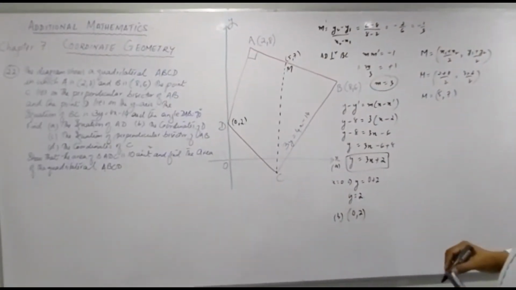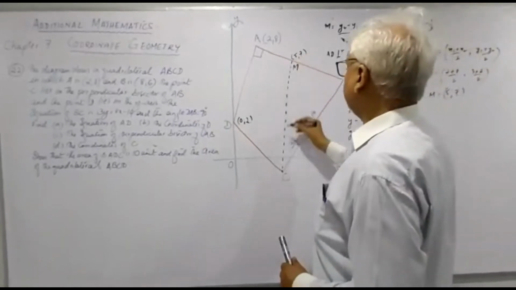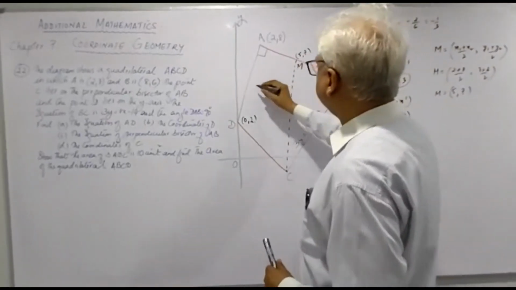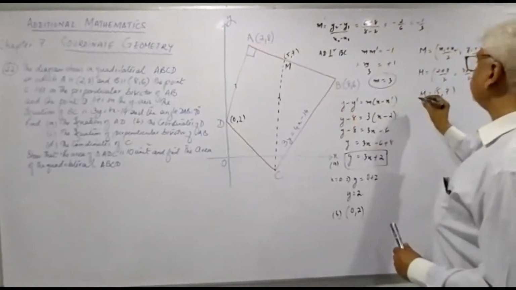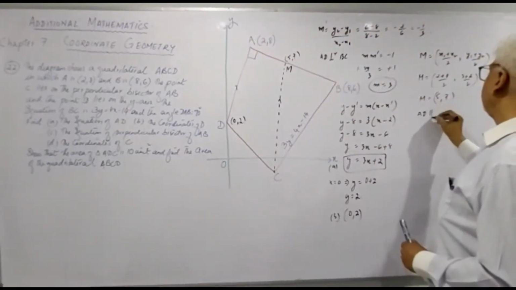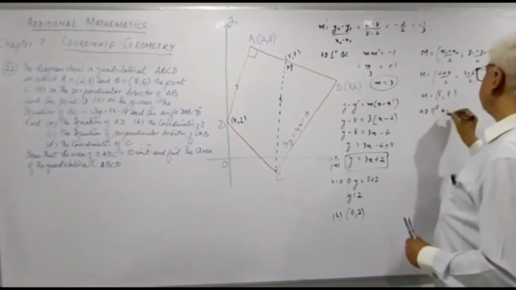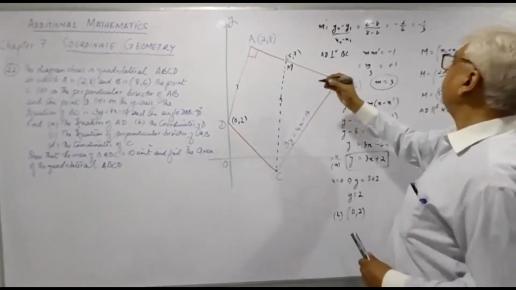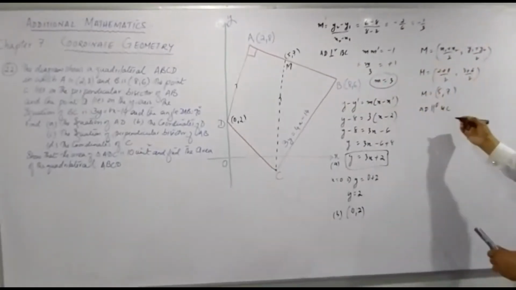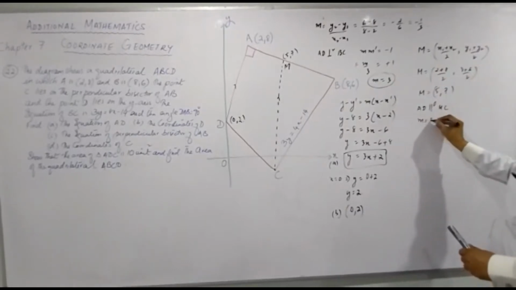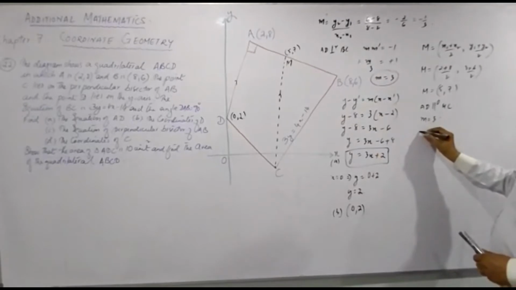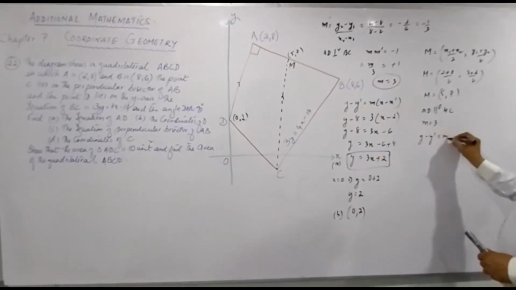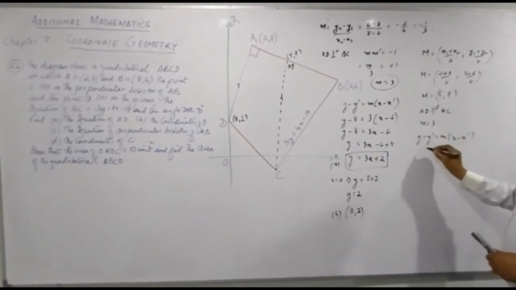Now, what is the equation of this line? Since this is parallel to this, we can say that AD is parallel to MC. So the slope will be the same. The slope of AD was 3, so we can put this as 3 and we can now find the equation. So y - y' = m(x - x').